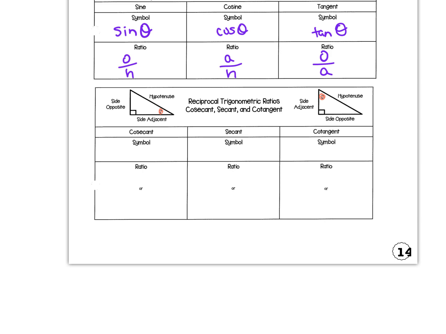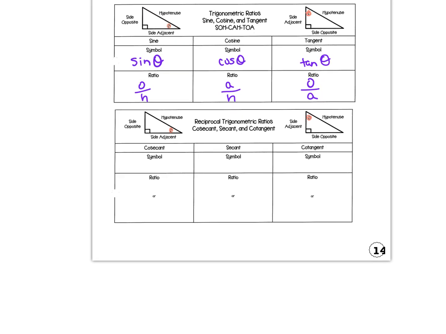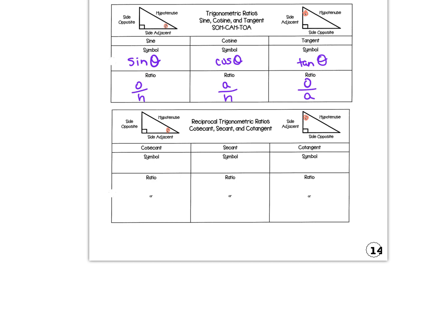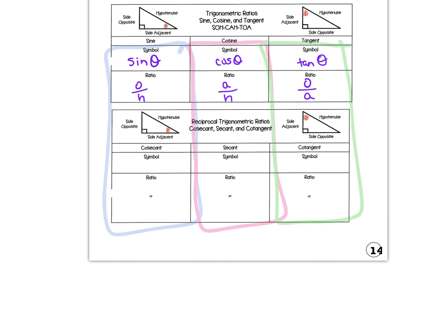The abbreviation for cosecant, which is the reciprocal of sine, so notice these are listed one above the other, and so on. So the reciprocal for sine is cosecant, and we're going to use that abbreviation of CSC.